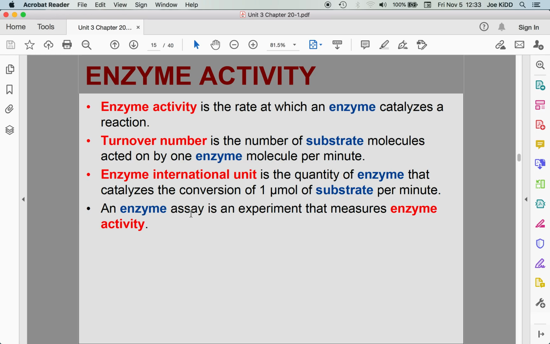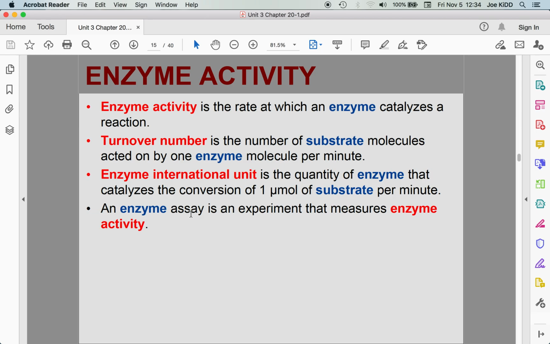So enzyme activity is a term we use to describe the rate at which the enzyme is catalyzing reactions. You've already heard me use the term turnover, but this is a concept of the number. When we say turnover number, what we're saying is the number of substrate molecules that one enzyme can act on in a minute. So obviously within our body, there's not just one sucrase enzyme or one urease enzyme.